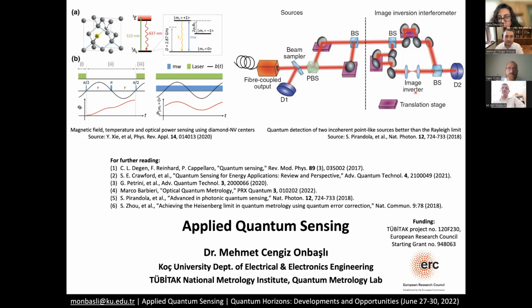Okay, that's best. I think it is better because I want to keep things simple, and I want to start off by giving you an idea about what we are looking at. I'm going to share the slides with you after this session, and I'm going to send the Google Drive link, so that you can refer to the slides immediately after the presentation. I refer to several references as I overview this tutorial lecture for quantum sensing.